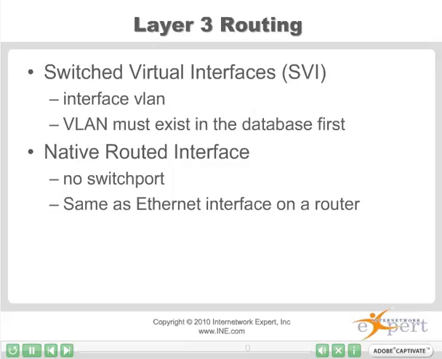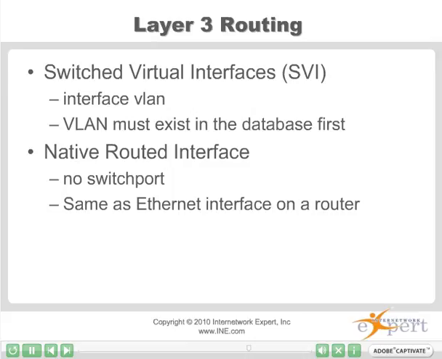Before we wrap up this lesson, however, there is no way we can forget about our layer 3 routed port capabilities on the 3560. We can create a switched virtual interface, an SVI, and this is done with the command interface VLAN.